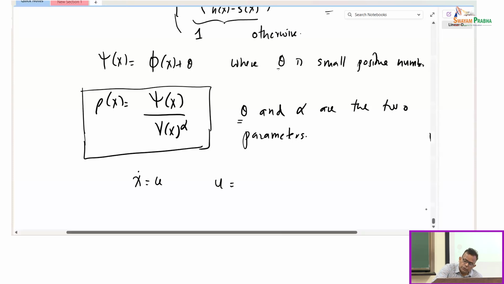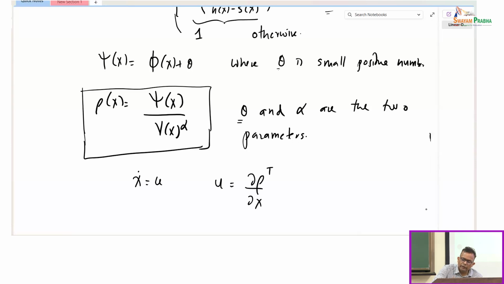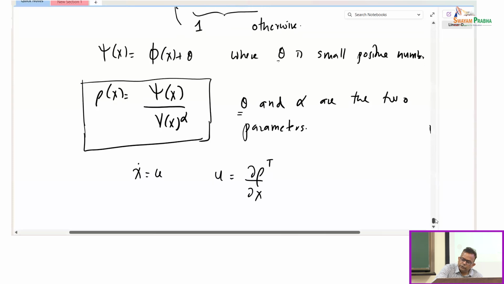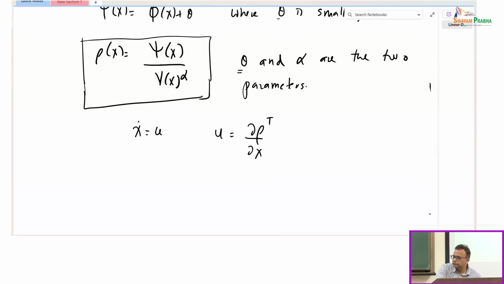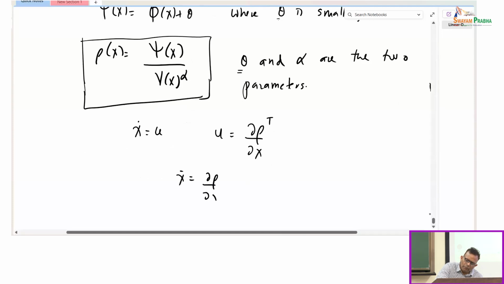So then you use u to be partial rho partial x. Maybe you can take a transpose of this, because this is a column vector and this is a row vector. So this is now a dynamical system: x dot equals partial rho partial x transpose.